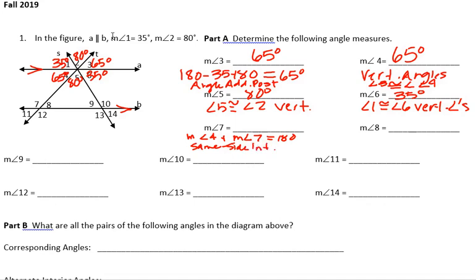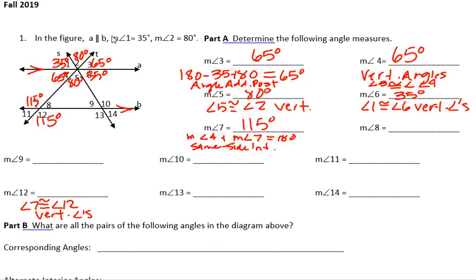So 4 was 65, so we're going to subtract 65 from 180, and that's going to give us 115 for the measure of angle 7. Well, I also know that that would be the measure of angle 12 because angle 7 is congruent to angle 12 because of the vertical angles congruence theorem. Vertical angles, okay? So this is going to be 115 as well.